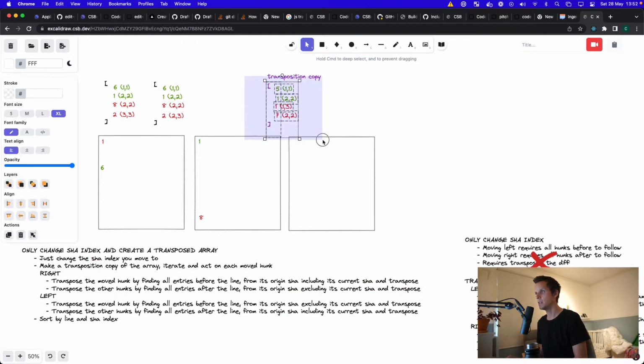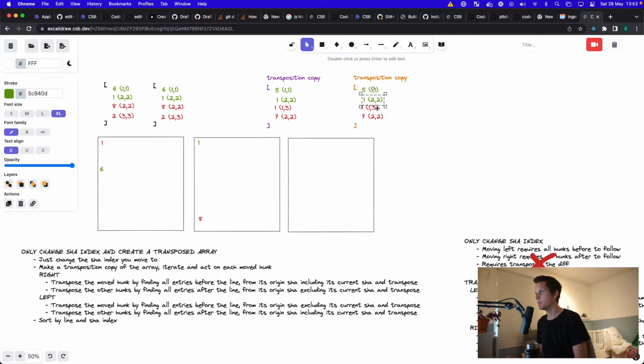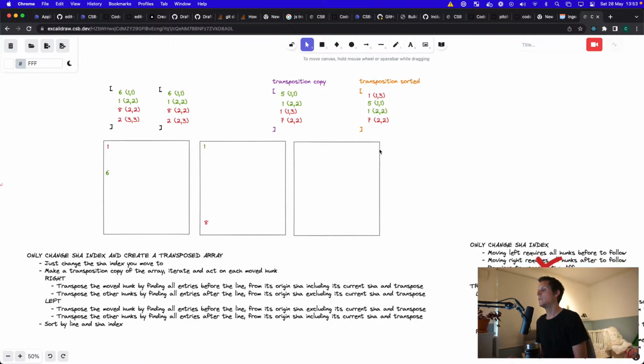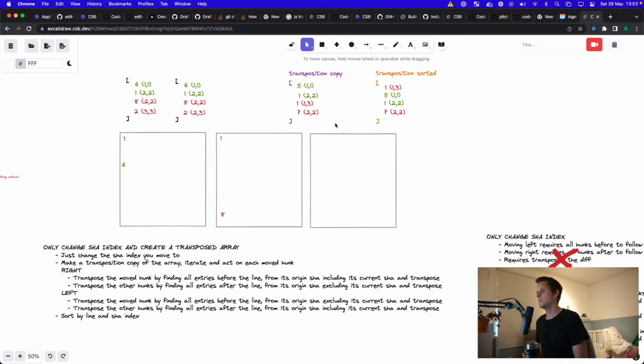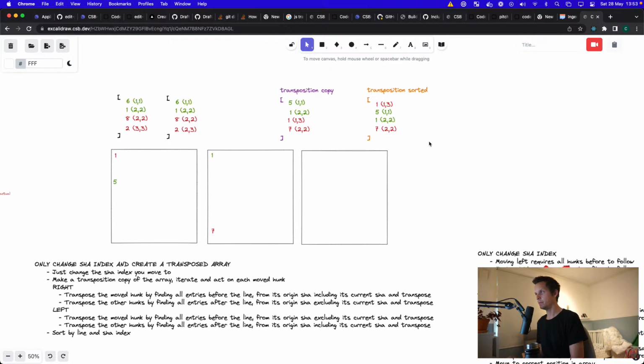So the final result of this, let's make it another color, is that this would be up here. Position sorted. Yes, because then we first remove line 1 and then we correctly add on line 5. So that's the final thing.